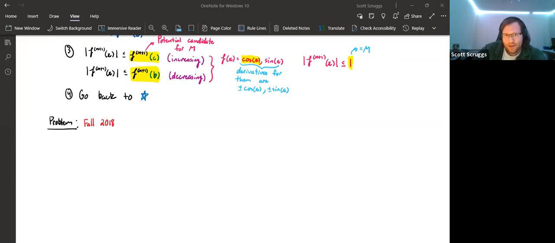For reference, the problem that I'm pulling up comes from the fall 2018 exam, and this is multiple choice 8 for that. So here's the information that we have for it. I'm going to let P1 denote the Taylor polynomial.